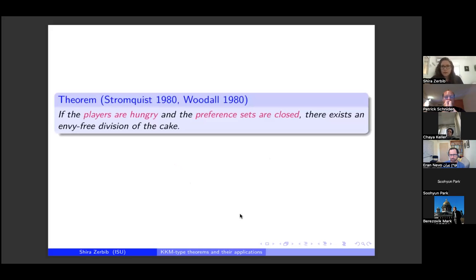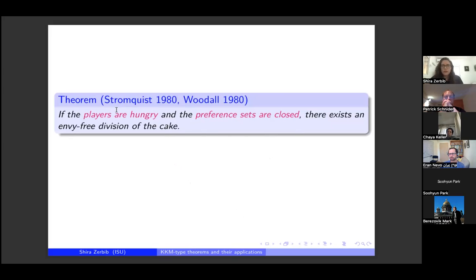So the classical theorem of Stromquist and Woodall, independently in 1980, tells us that if two conditions hold, the conditions being that the players are hungry and that the preference sets are closed, then there exists an envy-free division of the cake.